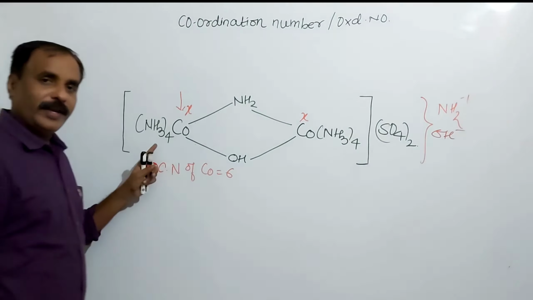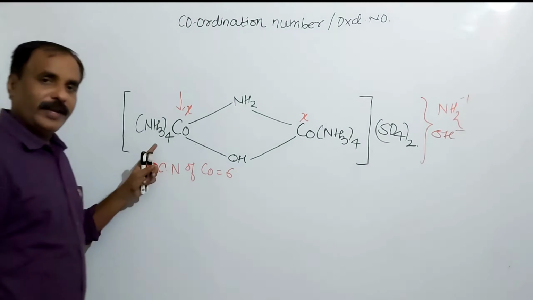Ammonia carries null charge, that is 0. This is a cationic complex. Here it is the anion, so SO4 2 minus. How many sulfate ions are there? 2, and 2 into SO4 2 minus, so total negative 2 into -2 is -4. So here the charge is +4.